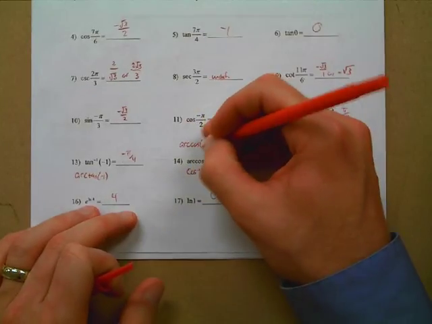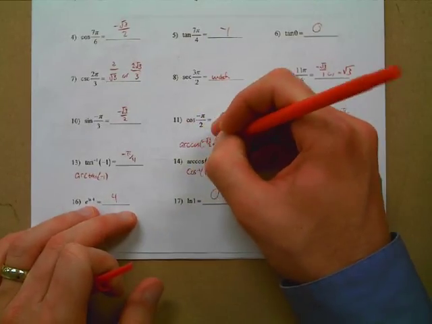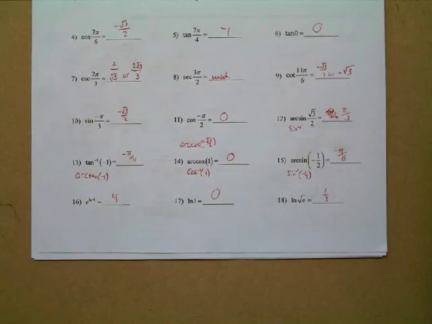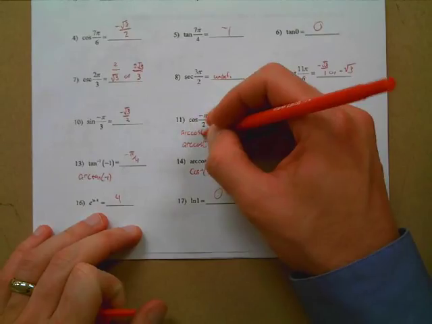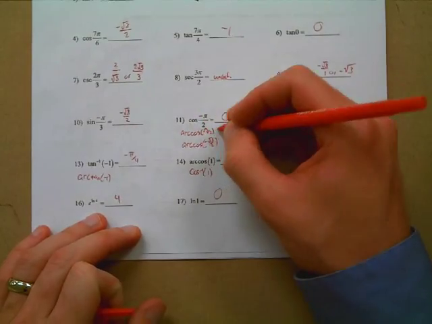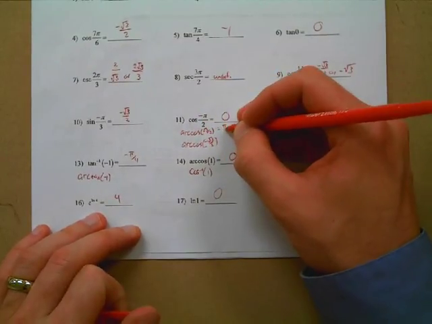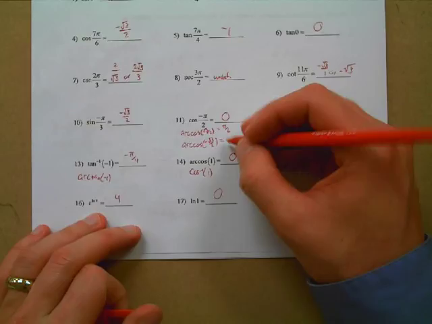The arc cosine of negative root 3 over 2, though, is not negative pi over 6. That's what it would be if it was tangent, right? It would be just opposites, or if it was inverse sine. But for arc cosine, it's the second quadrant version of pi over 6, so it's 5 pi over 6. Why is that?